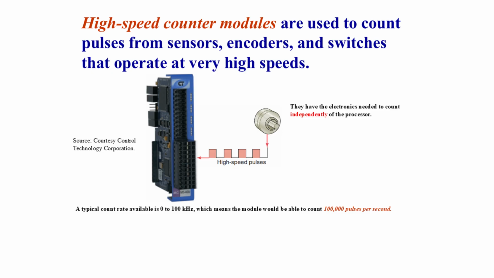This capability is critical in applications like motor speed monitoring, position tracking, and machine feedback systems where inputs may occur much faster than the processor's scan cycle. A typical high-speed counter can handle rates up to 100 kHz, which means it can count as many as 100,000 pulses per second, providing the accuracy needed for high-speed automation processes.